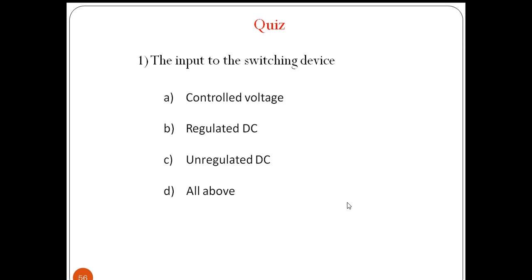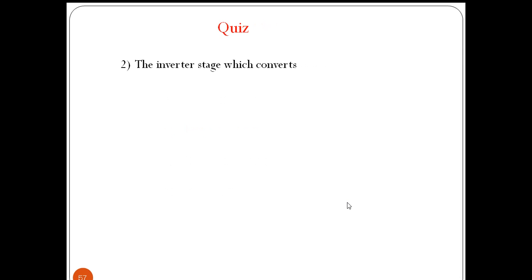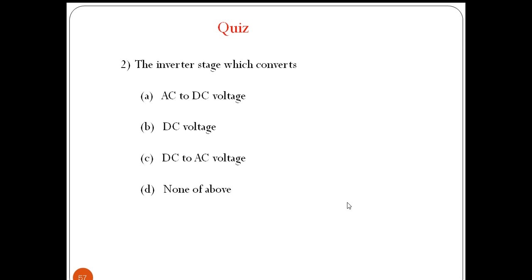We are giving regulated DC as input to the switching device, so option B. Inverter stage converts AC to DC voltage, DC to AC voltage, none of the above. Actually, inverter is a device which will convert the DC to AC. So option C.